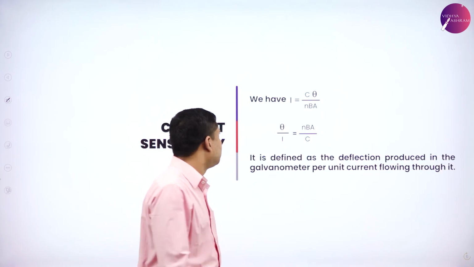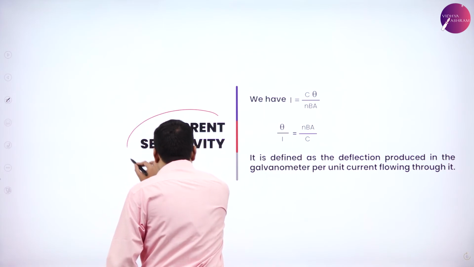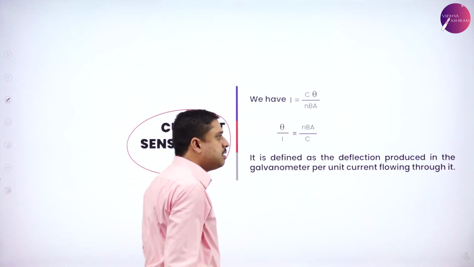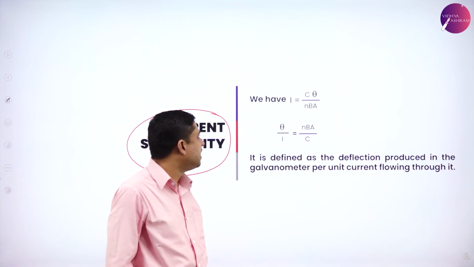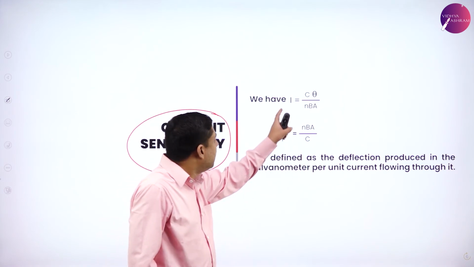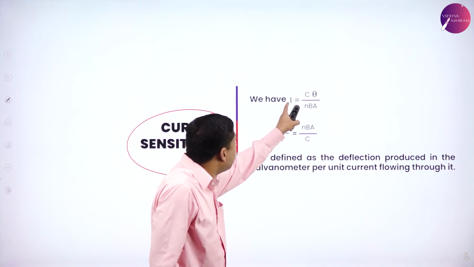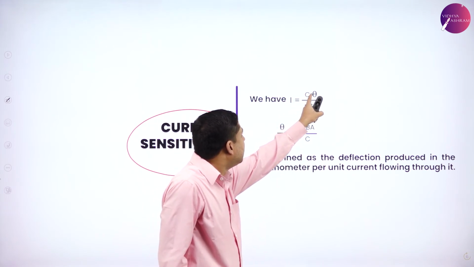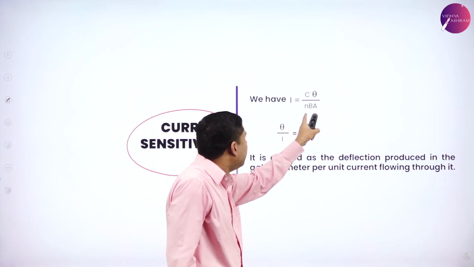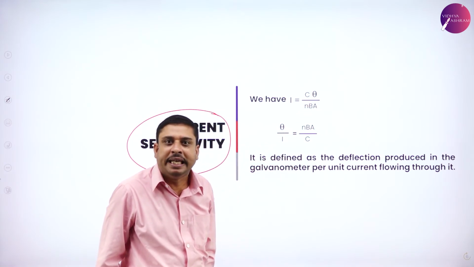Coming to the next definition, something called current sensitivity. We had I equals C theta divided by NBA.